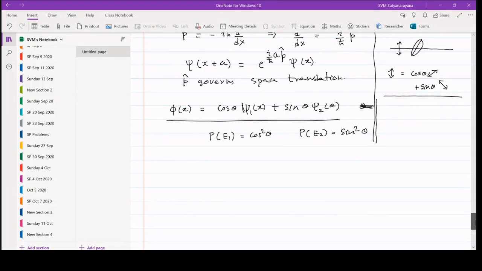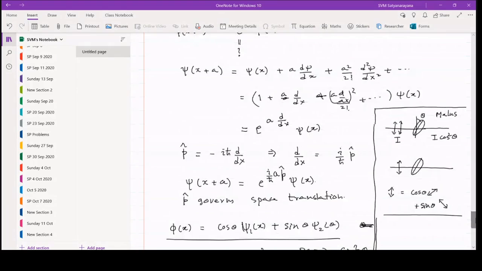Suppose the polarization direction of the photon is along the analyzer axis, that means theta is equal to 0. Then there is transmission with probability 1, so there won't be any change in the polarization state after that.